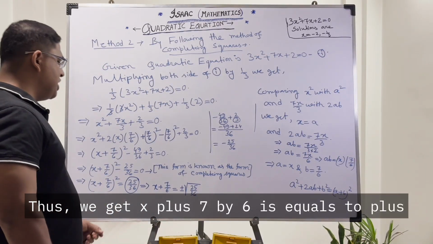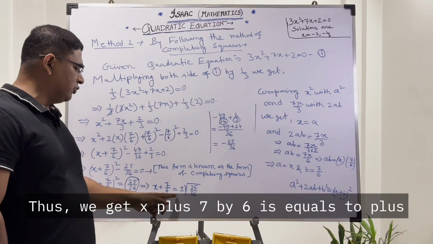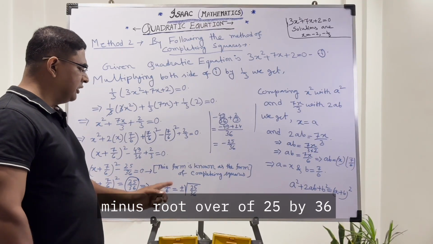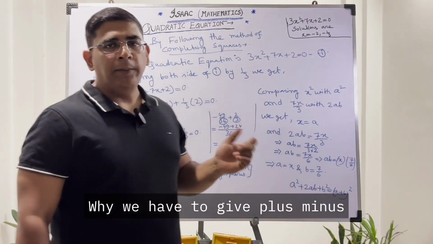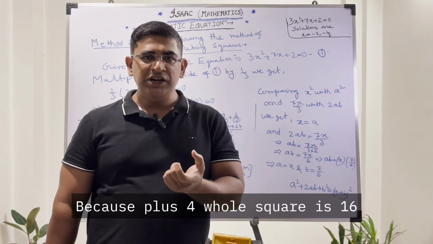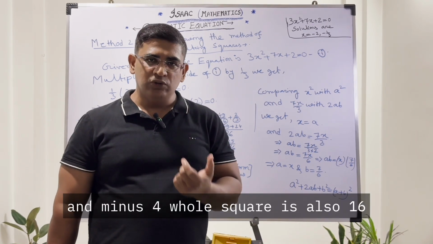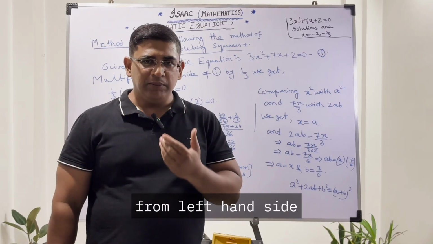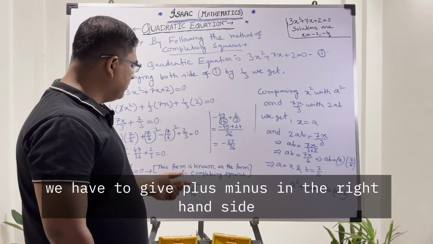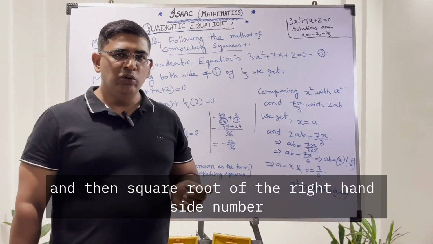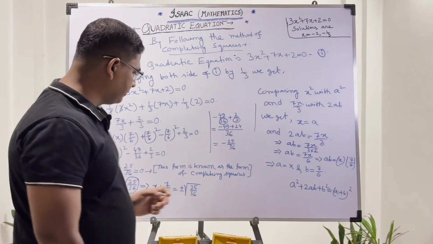Thus we get x + 7/6 is equal to plus minus root over 25/36. Why do we have to give plus minus? Because plus 4 whole squared is 16 and minus 4 whole squared is also 16. That is why when we want to remove the square from the left hand side, we have to give plus minus on the right hand side and then the square root of the right hand side number.